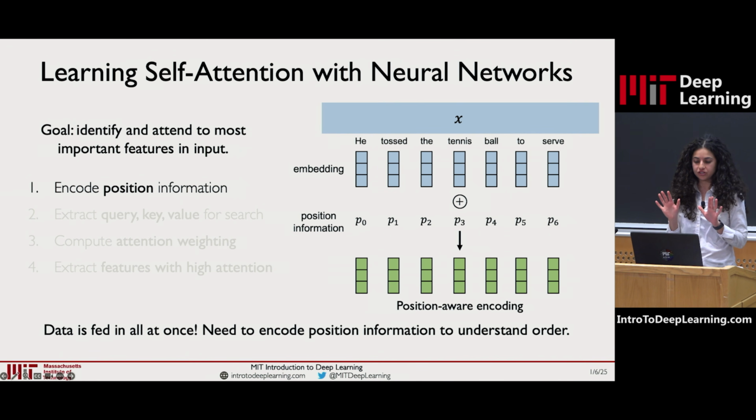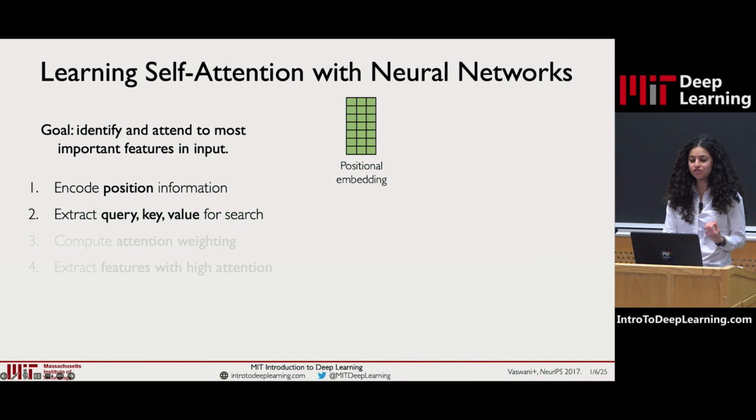We're not going to go into great detail about positional embeddings, but you can think of it as an encoding that gives us some representation of position in the sequence.